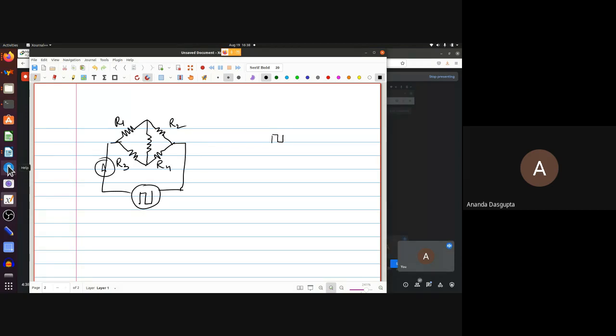That is, it will still look like a square wave, right? Not the same as in identical, because the presence of this resistance will, of course, change the effective resistance in the circuit. So the amount of current which will flow will be different. Okay, fine. But now let's ask the real question.